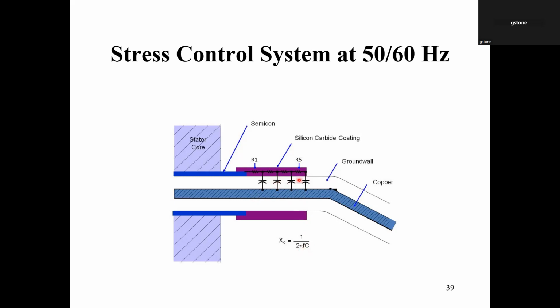And in normal 50, 60 hertz applications, they designed the particles and the particle density and the particle shapes of the silicon carbide so that this resistance is really, really high to 60 hertz at this end. And as you get closer and closer to the semicon here, the slot coating, the resistance gets very, very low. Instead of being hundreds of kiloohms or megohms, it comes down to almost tens or hundreds of ohms.